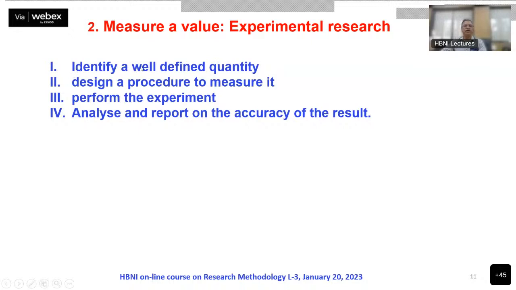So you identify a well-defined quantity that you want to measure. It can be temperature, pressure, density, charge, anything. Design a procedure to measure it, perform the experiment, analyze and report on the accuracy of the result. So these are the steps that you will be following to measure the value of a physical quantity.